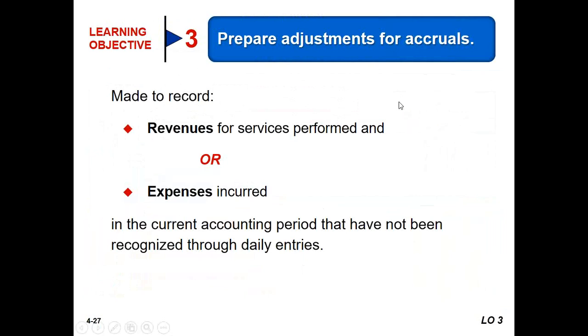Accruals. Revenue for services performed, expenses incurred in the current accounting period that have not been recognized because maybe they're not quite complete. Maybe a bill or an invoice has not yet been generated, but either the expense was incurred or the revenue was earned, so we must make these adjustments.